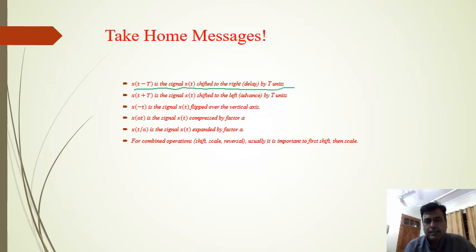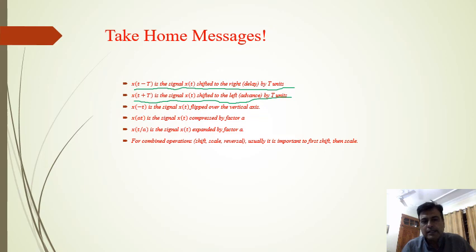So x of t minus t is a shifted version of the original signal x of t, but this is shift right. The signal will be shifted towards right. X of t plus capital T is the same signal xt shifted to the left by capital T units. So x of t plus t is left shifting, x of t minus t is right shifting.